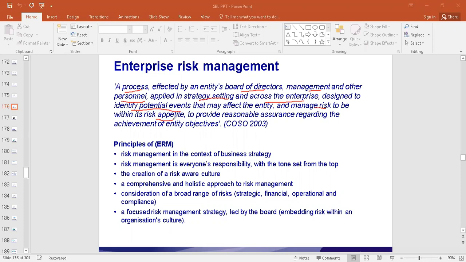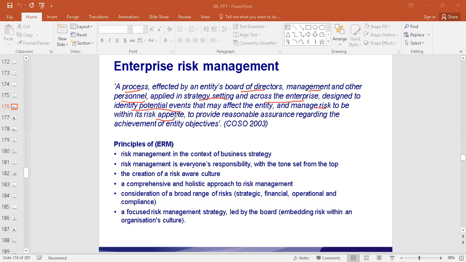Ultimate goal, see, in any risk management process, the ultimate aim is to ensure that the organizational objectives are achieved. But when we see that organizational objectives are not achieved, why is that?